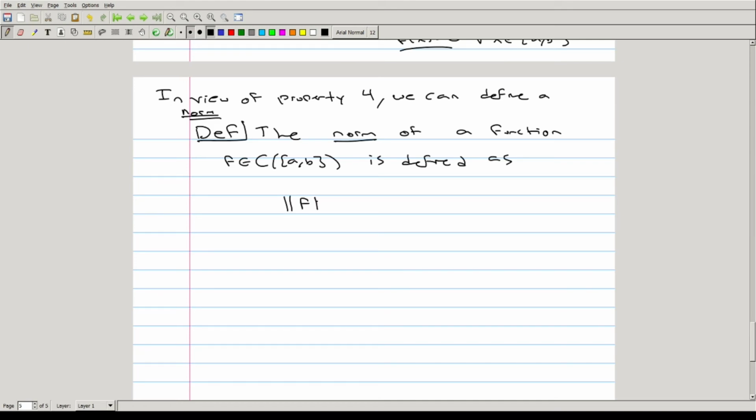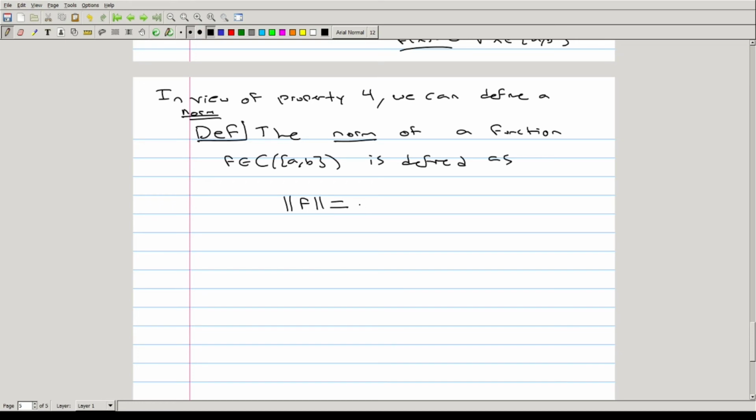And this is why we used that norm notation before. This is a different norm notation than we used before. That notation was for vectors in vector calculus, where we're dealing with vectors in a finite dimensional vector space. So this is a new norm for functions or vectors in an infinite dimensional vector space, where integration is defined.